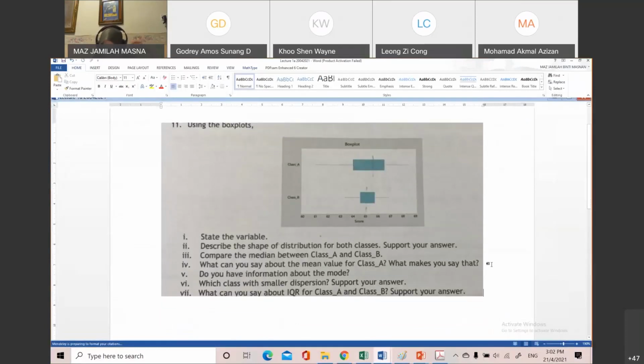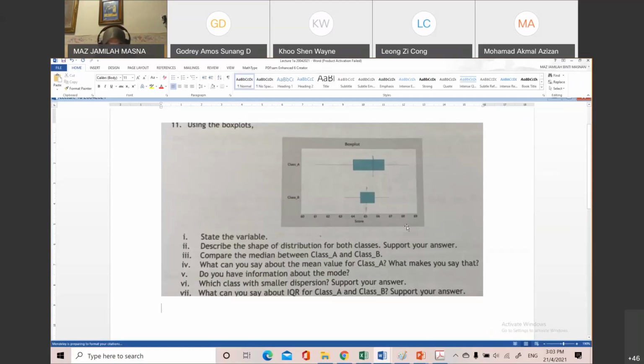Now, looking at the box plot, we are going to analyze. Last time, this kind of question was what we call the haunted question for students, because this is where students need to think a lot, and relate with the understanding of all the graphical and numerical representation of data.